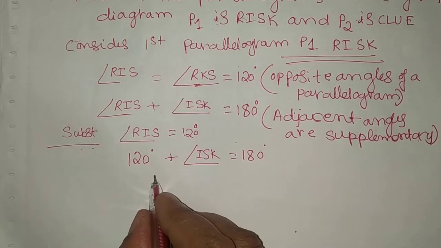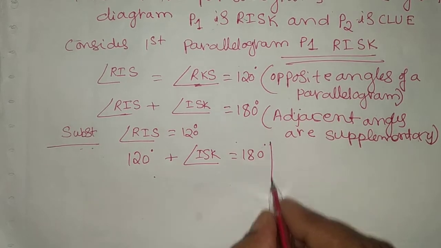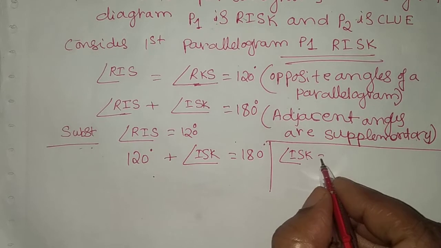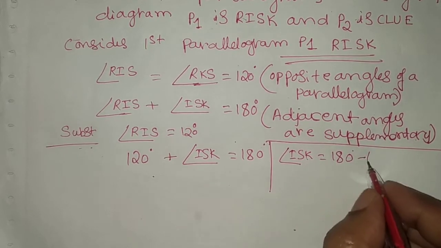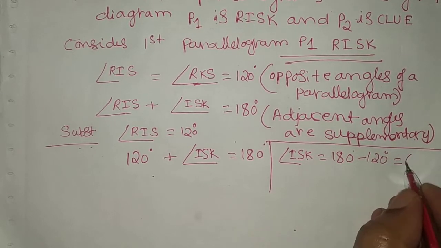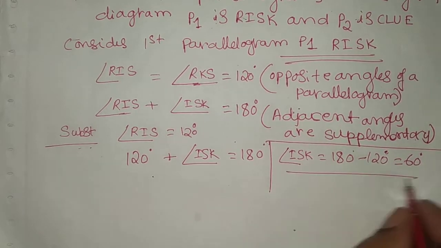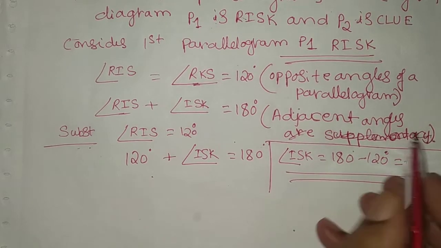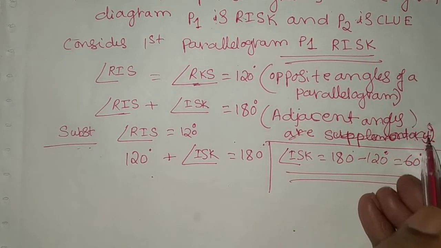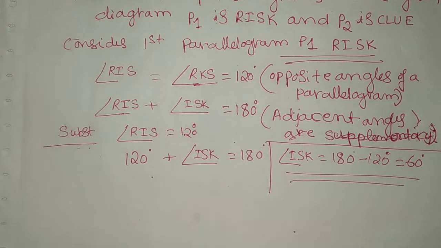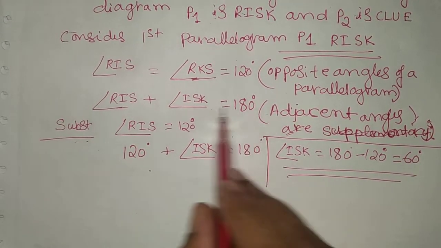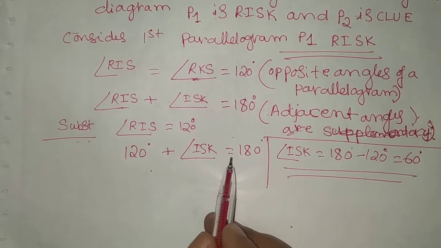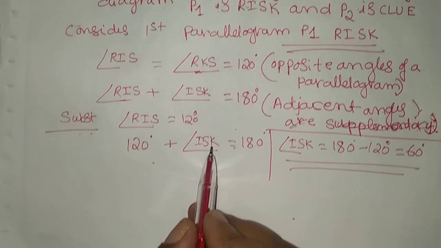Finally, ISK is equal to 180 minus 120, which is equal to 60 degrees. So adding adjacent angles in the parallelogram, we get 180. After this we are substituting 120 for RIS and we are getting angle ISK.